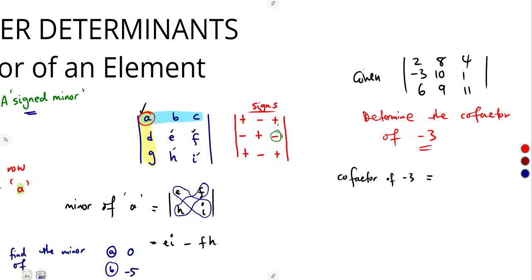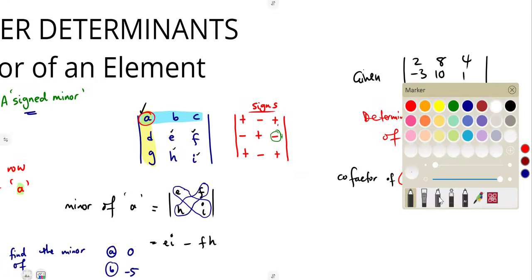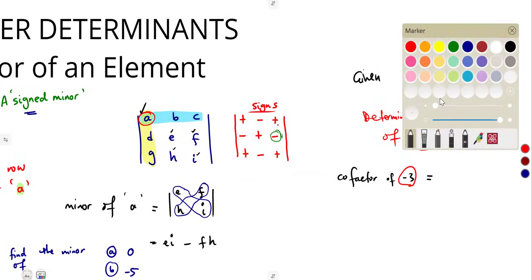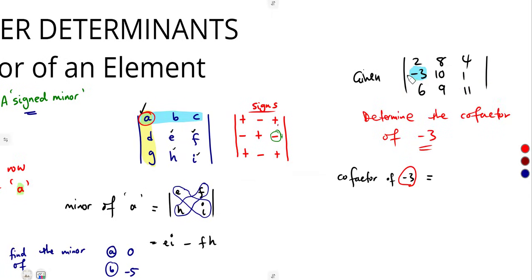So what is the sign first that corresponds to negative 3? This is where we have negative 3. From the matrix of signs here, negative 3 lies on the second position. And the sign that we have on the second position is what? A negative.